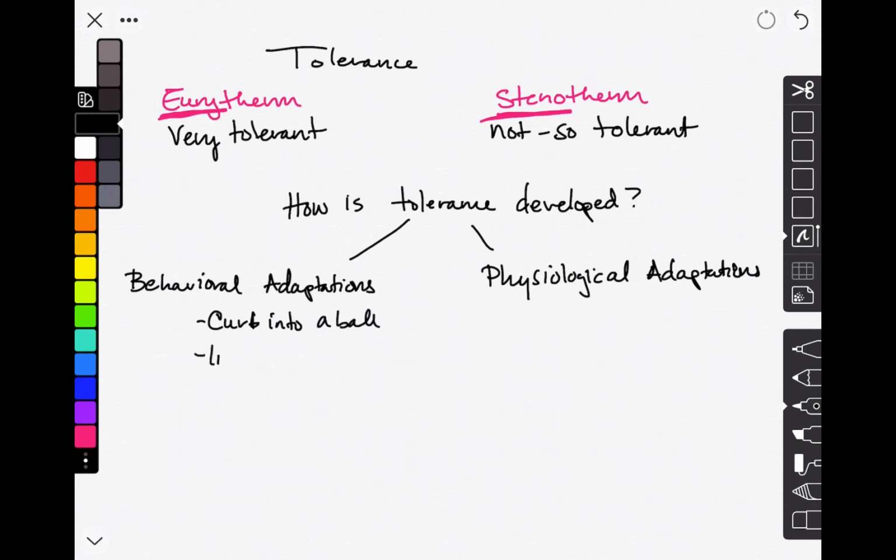It could be living in a group, like the naked mole rat, where they're kind of cuddling on each other and taking advantage of each other's body heat. It could be living in a burrow. If you're an animal that lives in a hot environment and you're not very tolerant to heat, you might be nocturnal.